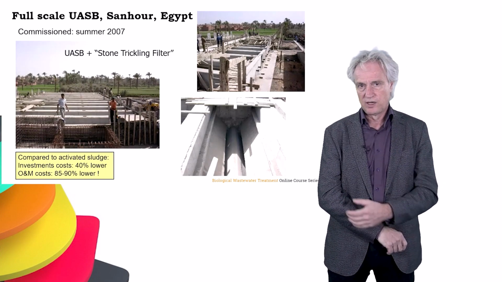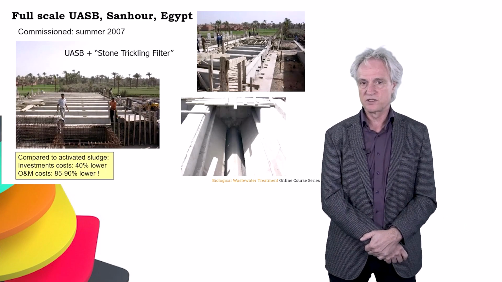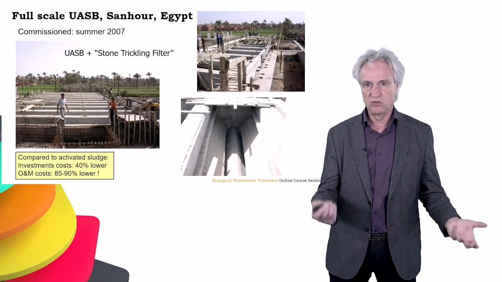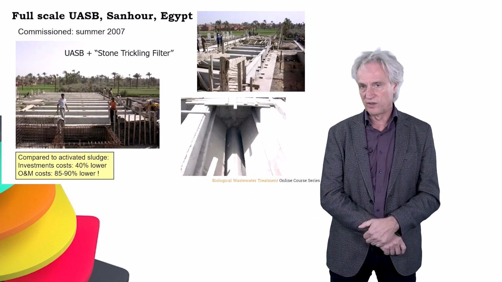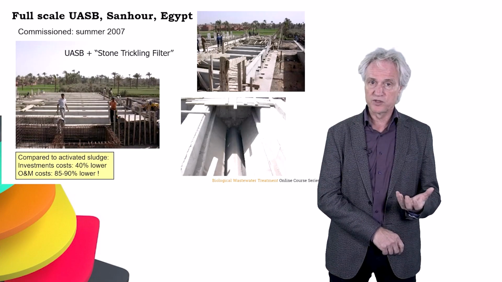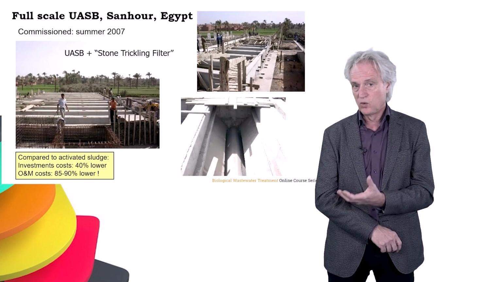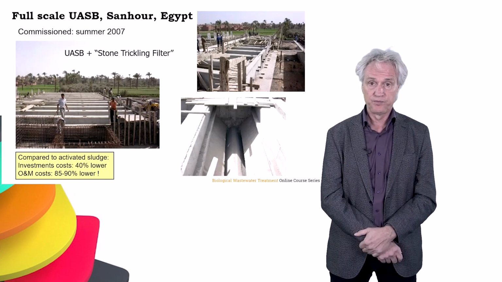Now, in this case, an analysis was done on the different types of wastewater treatment systems. They compared activated sludge, lagoons, a USB, and a trickling filter, and they came with this solution: an upflow anaerobic sludge blanket reactor, followed by the stone trickling filter, which was already there as the main treatment.